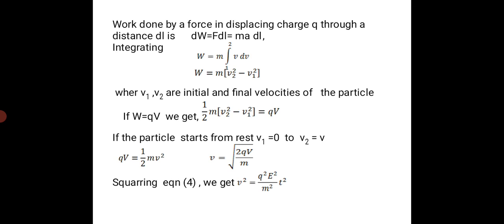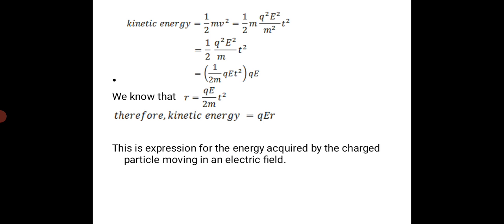Squaring equation 4, we get v square is equal to q square e square divided by m square into t square. Then the kinetic energy, since we are talking about the dynamics of charged particle, here kinetic energy plays an important role. So kinetic energy of the charge is equal to half mv square. In place of v square, substitute q square e square by m square into t square.